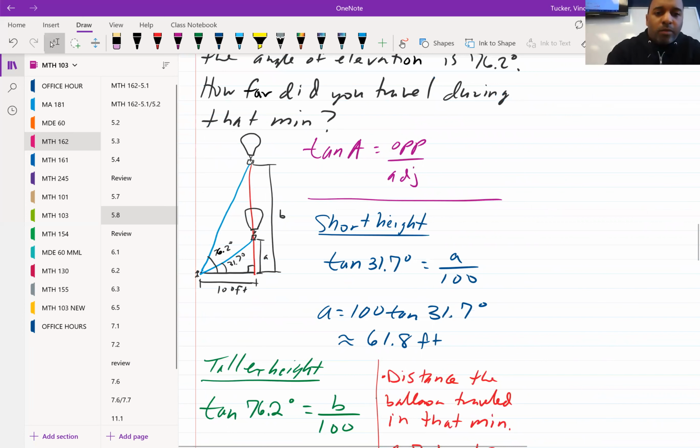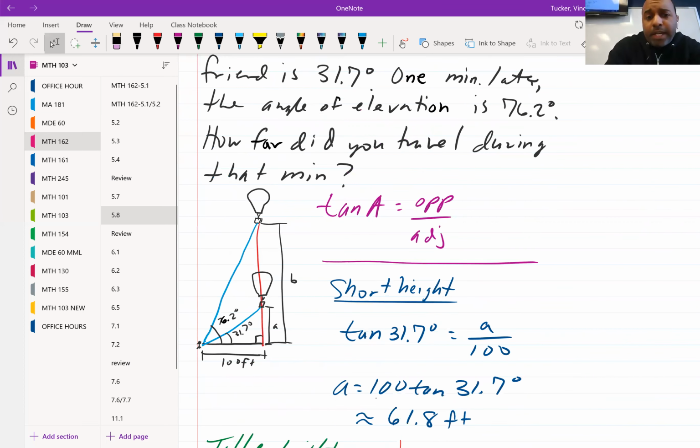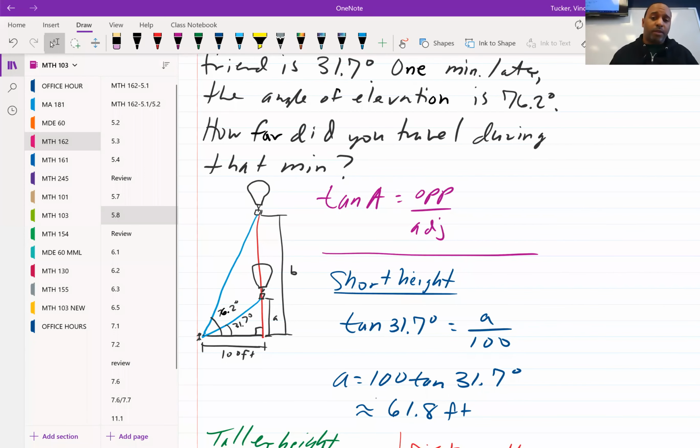All right, so let's look at what we have here. Once again, we're going to use tangent because of what's been given, opposite over adjacent. So I'm looking at the short height first, finding A. So I do tangent of 31.7 degrees, and then A over 100, because the distance between my friend and my point of launch is 100 feet.